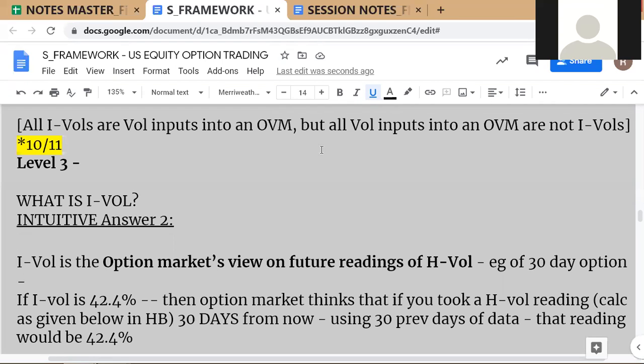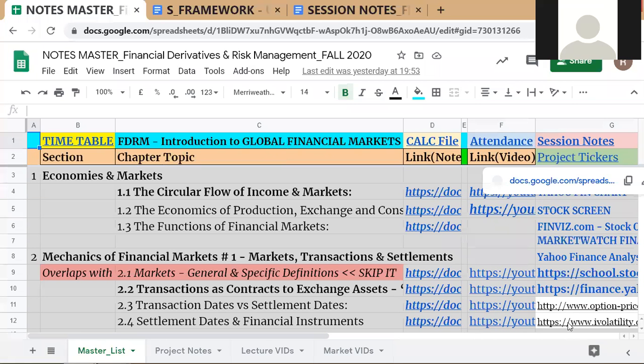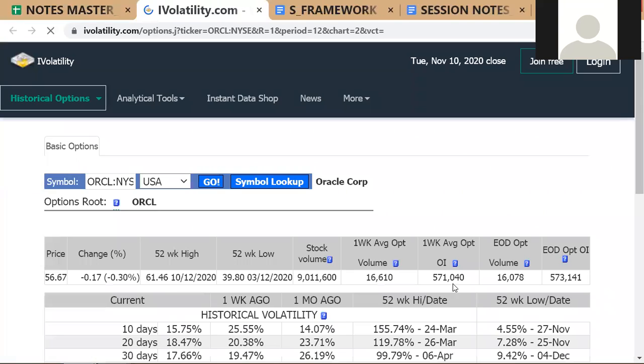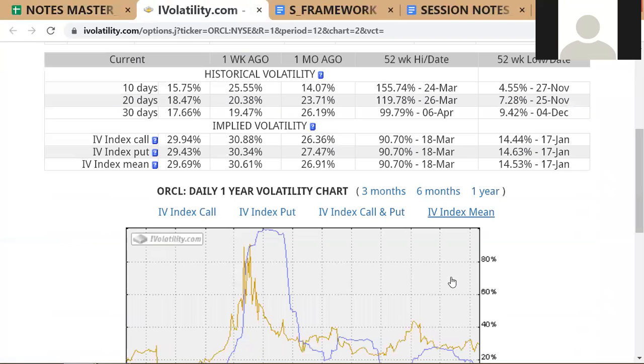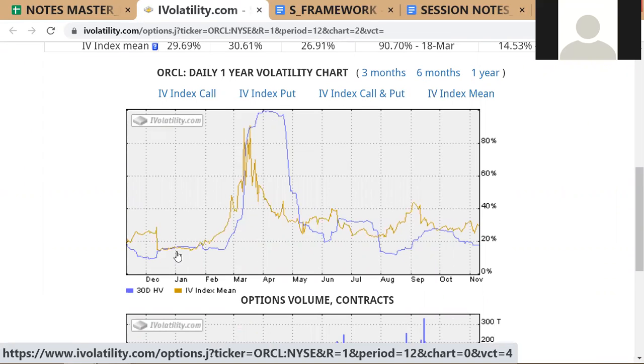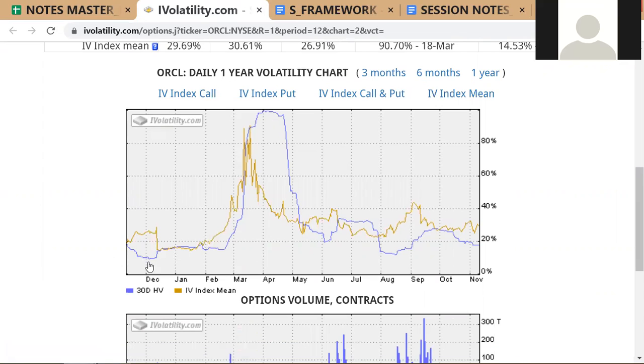But essentially, if we open our IV page, in this vol chart, they have actually plotted two types of vol.